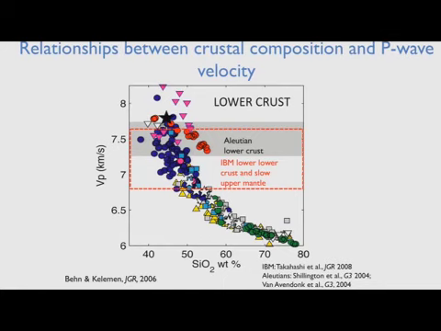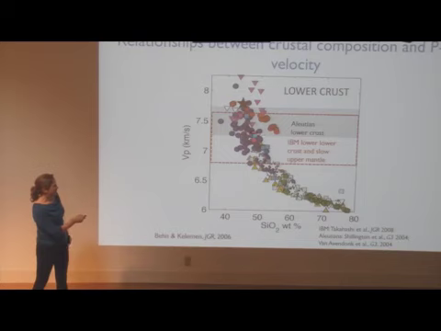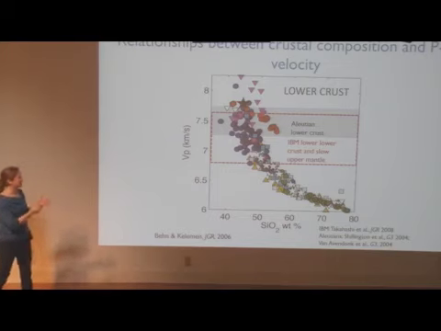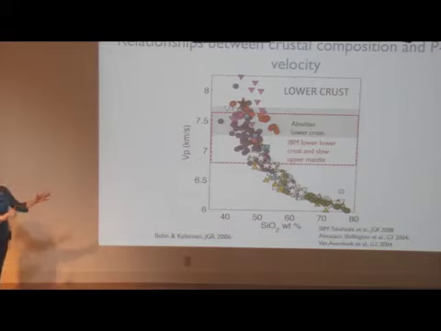And with more and more mafic compositions, you get higher velocities. In detail, especially for these more mafic compositions, you can see that a lot of different rocks over, in this case, a wide range of silica contents have similar P-wave velocity. So there's some uncertainty, but this is still a useful tool, and I'll come back to the uncertainty part.